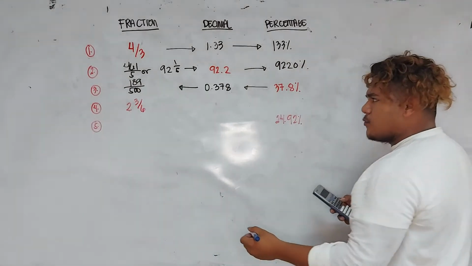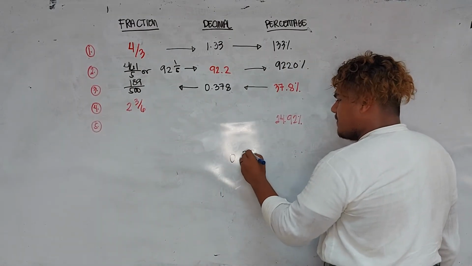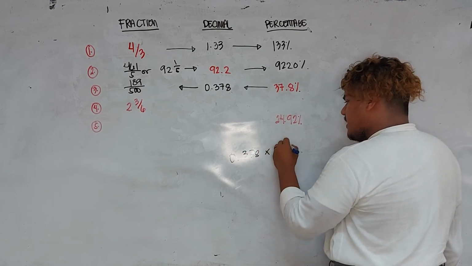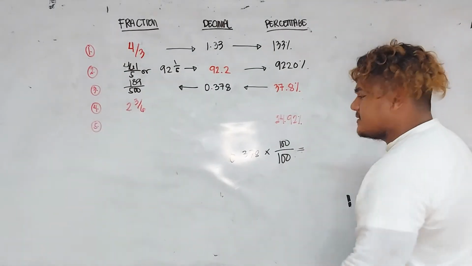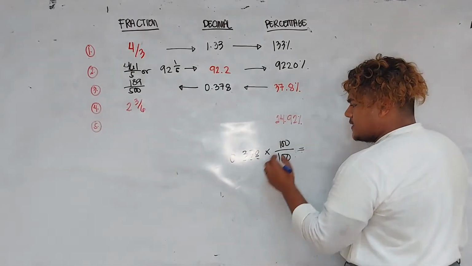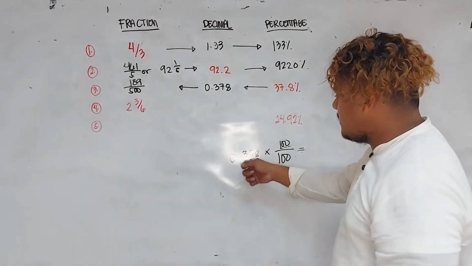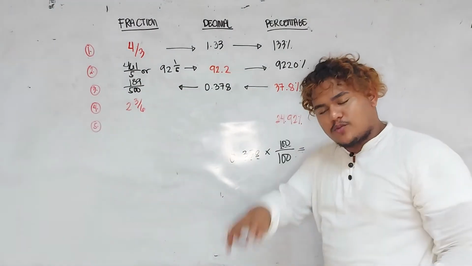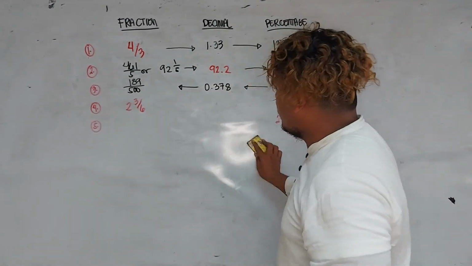How did you get 189 over 500? Again, that's just equal to 0.378 times 1,000 over 1,000. Why 1,000? Because there are actually 3 digits here, that's why we have 3 zeros here. Understood? Okay, let's continue.